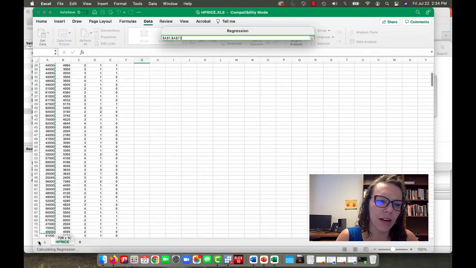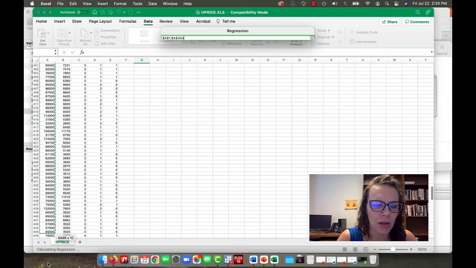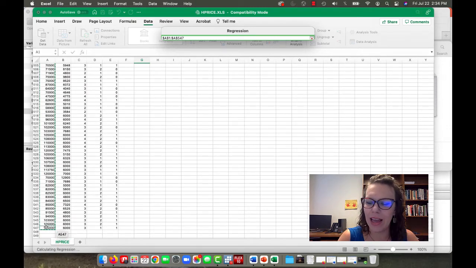Okay, sorry, I haven't run a regression in Excel for a while. I'll probably try to delete this out, but the basic idea here is that you can't just select the whole column. I have 500 observations, give or take, and so Excel wants me to say what the end value is.